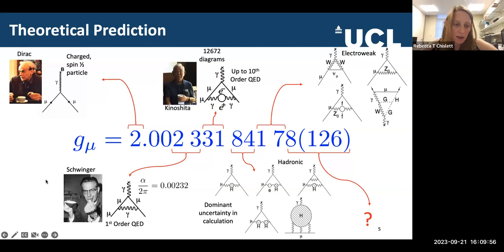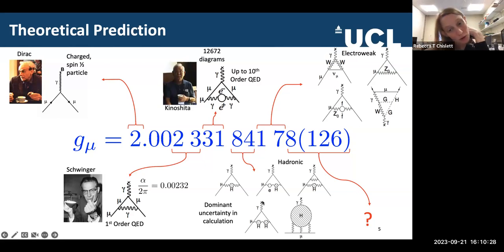So the biggest contribution is from QED, and the first correction was done by Schwinger, and this is the first order QED correction, but it's actually now being calculated up to 10th order in QED, including more than 12,000 diagrams, and cross-checked, I think, and that's the second biggest contribution to the value.